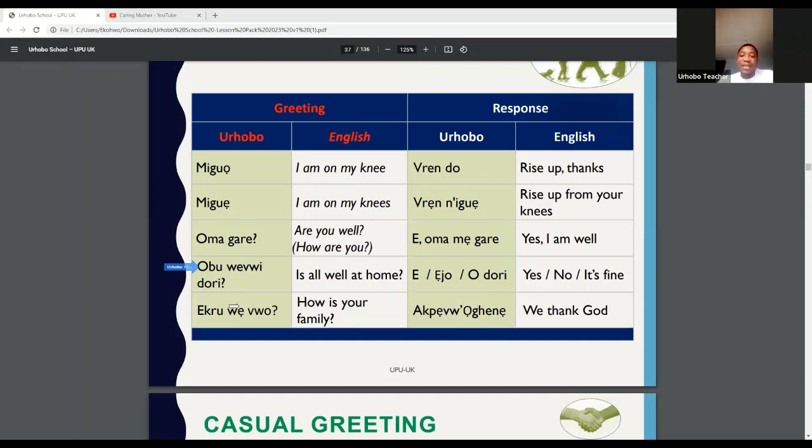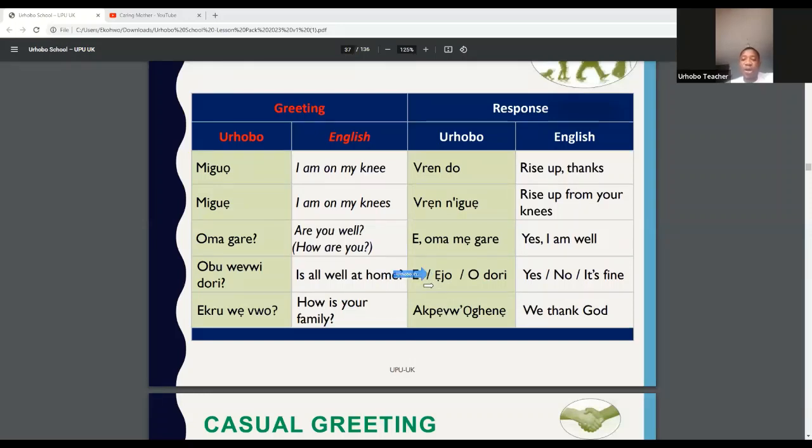And then you can say A, which is yes. And the opposite of yes is no. How to say no in Urhobo is ejo. So yes is A, no is ejo.